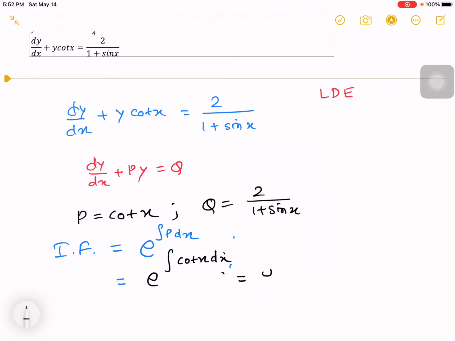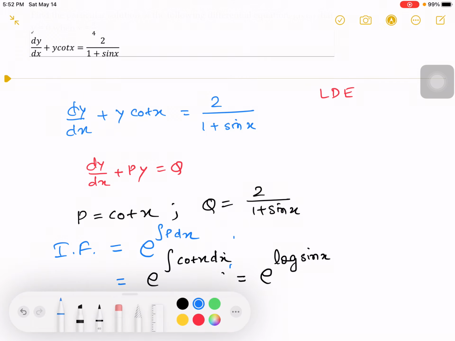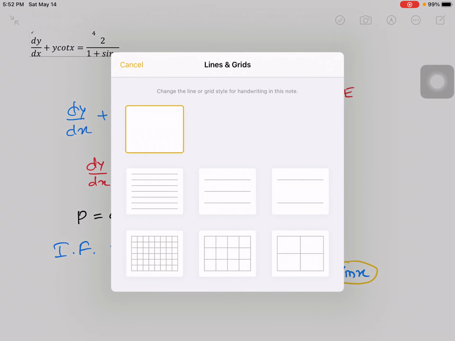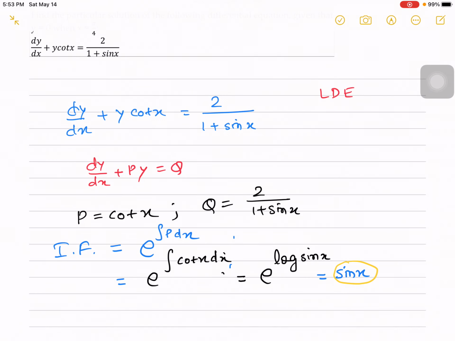The integration of cot x, we know, is log of sin x, and e to the power of log sin x is sin x, so the answer will finally be sin x. So the integrating factor is sin x. Sometimes only the integrating factor is asked in the question. So integrating factor is sin x.